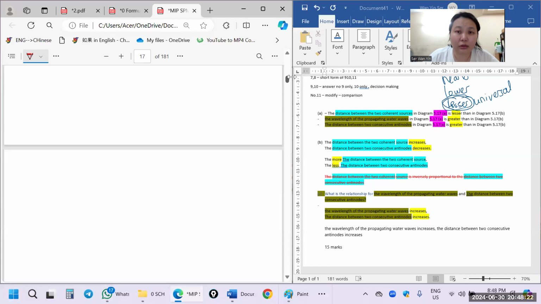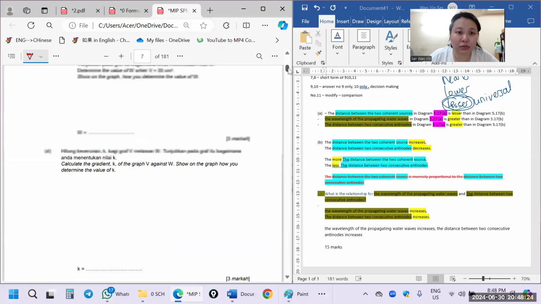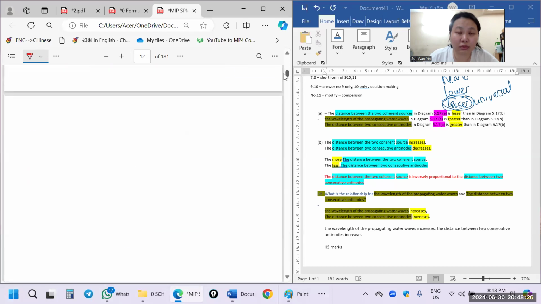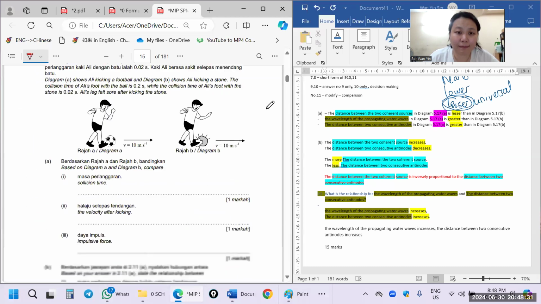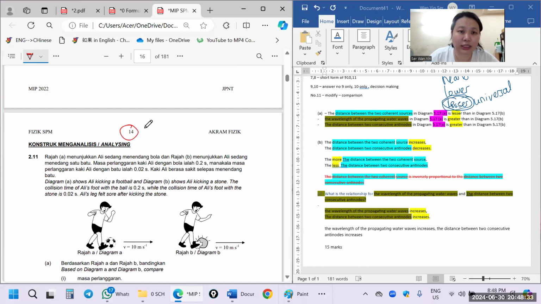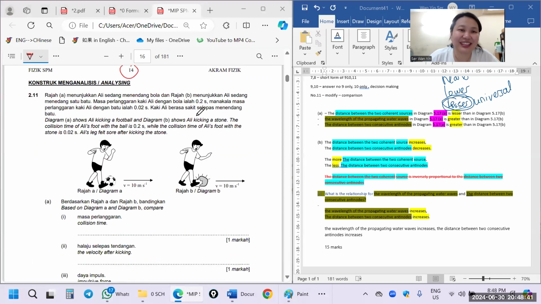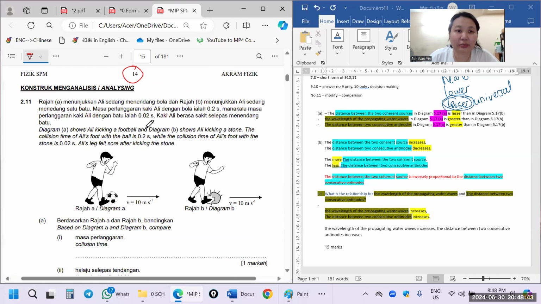Okay, so now we look back to page 14. I can make impossible possible, which means like you. Okay. Now, for example, page 14.